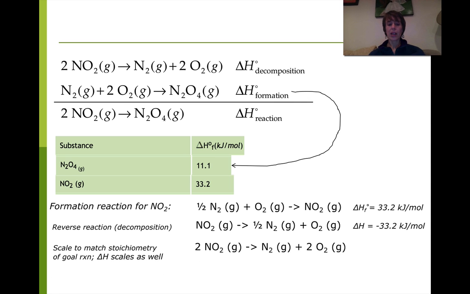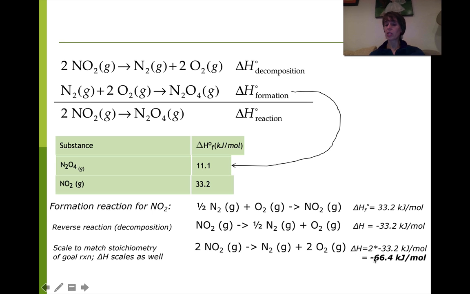And then finally, we need to match the stoichiometry of this now decomposition reaction to what's actually in our goal reaction. And so we need to scale it up by 2. So we multiply through this whole reaction by 2, meaning we multiply all the coefficients by 2, so 1 becomes 2, a half becomes 1, 1 becomes 2, and we also scale up the enthalpy change associated with that reaction, because if we have twice as much, we're giving off twice as much heat.